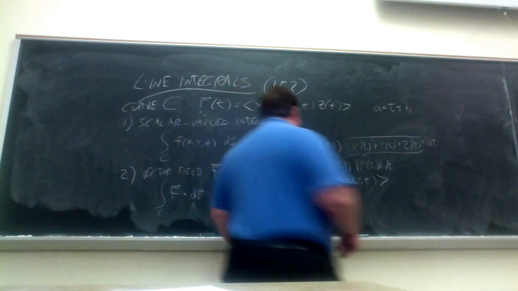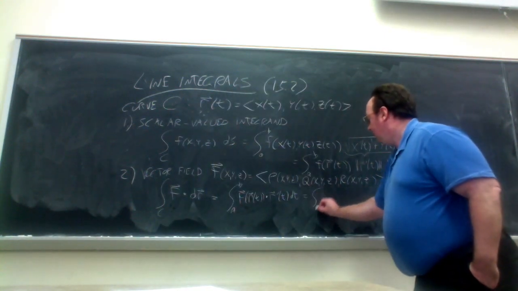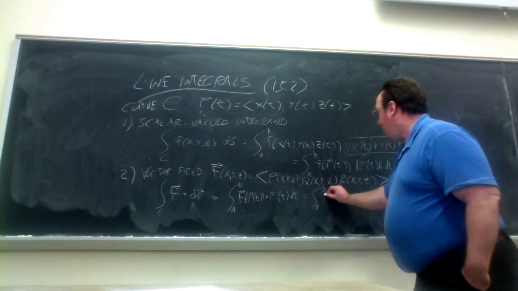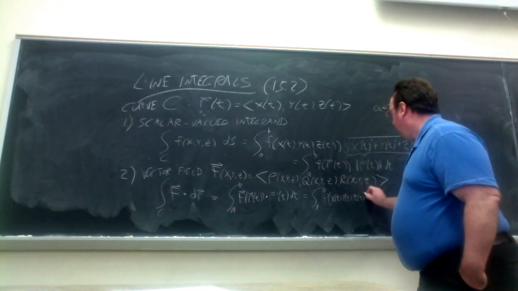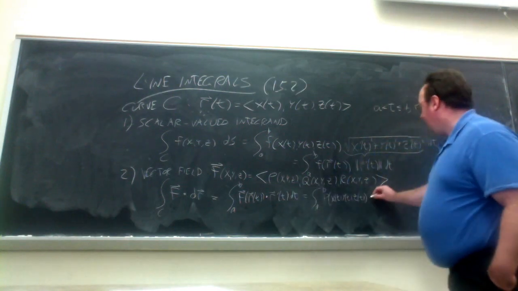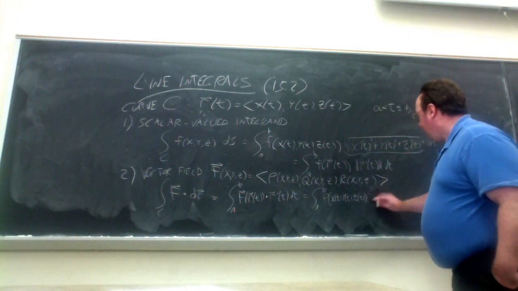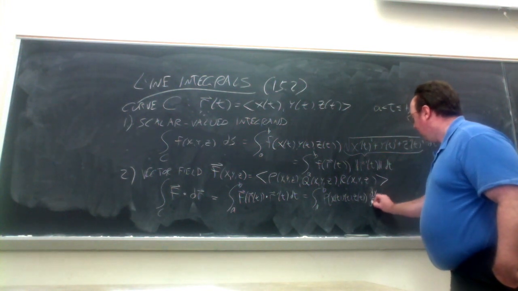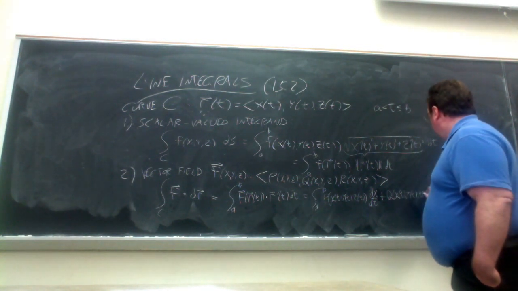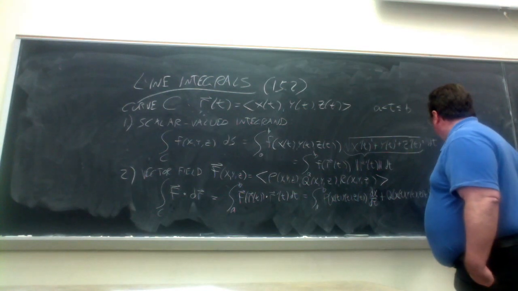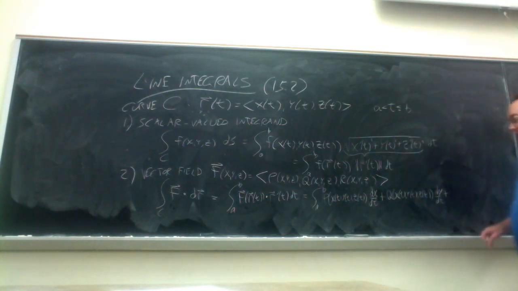And if I want to write that out in component form, then that would be P of x, y, z of t times the first component of this, which is dx dt, plus Q with your parametric equations plugged in, dy dt, plus R with the parametric equations plugged in, dz dt.